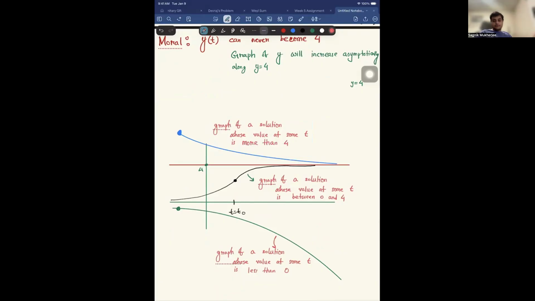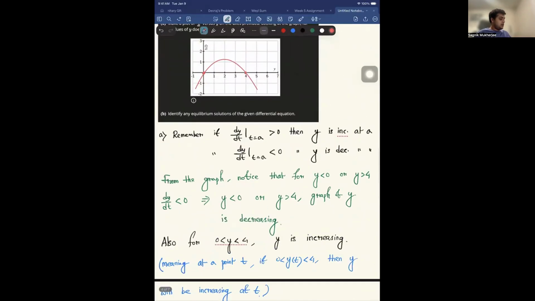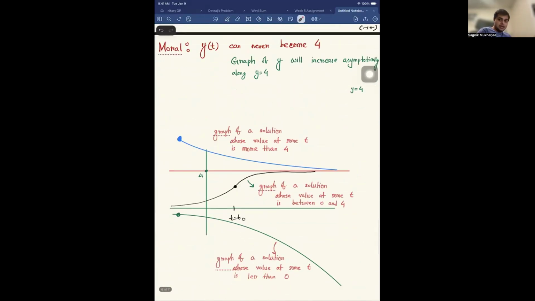Because if the value is more than 4, as you have seen here, the graph will be decreasing. See this part, the y is decreasing. But if it touches 4, it will become constant from that point. Such abrupt constant behavior is not allowed for a differentiable function. So it will never touch 4, it will never become 4, but it will be asymptotically equal to 4, right? Asymptotically decrease to 4.